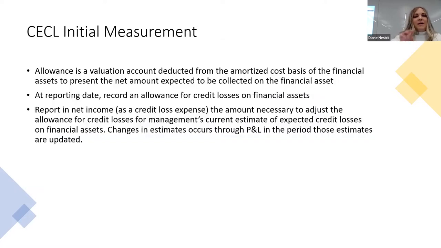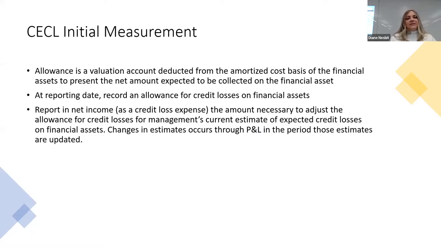Okay, so then the CECL initial measurement, let's talk about that for a minute. As I mentioned, you need to use a contra asset, which is an allowance valuation account that's deducted from the amortized cost basis of the financial assets to present the net amount expected to be collected.